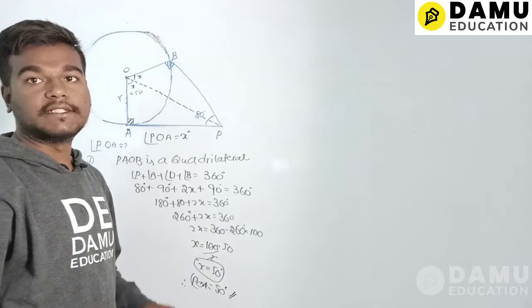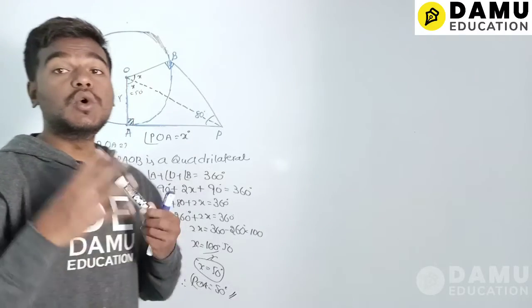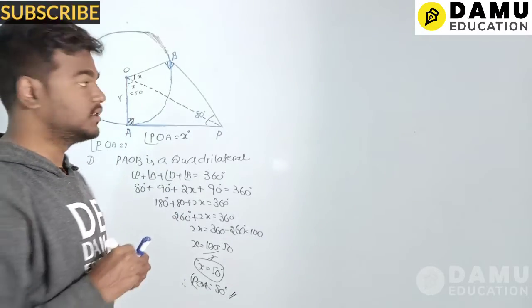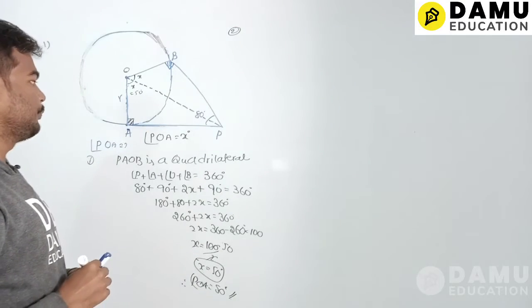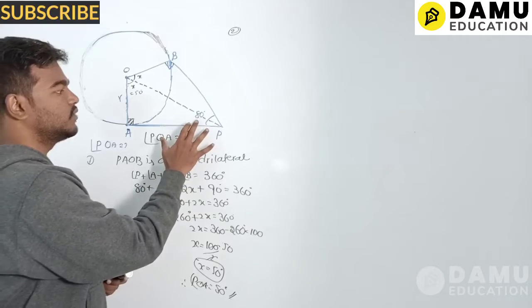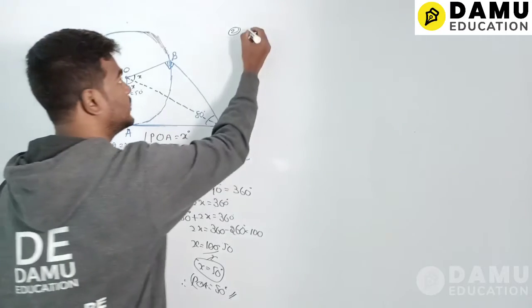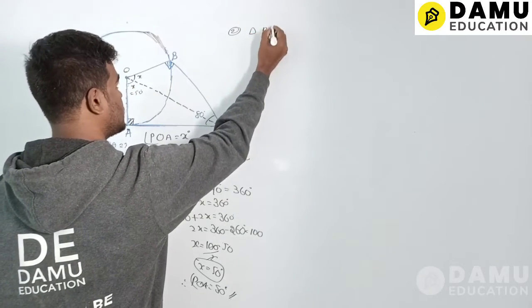So this is the first method. Now the second method. Let's consider the right angle triangle PAO.